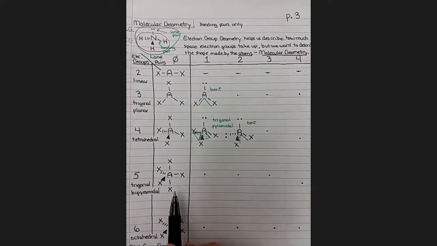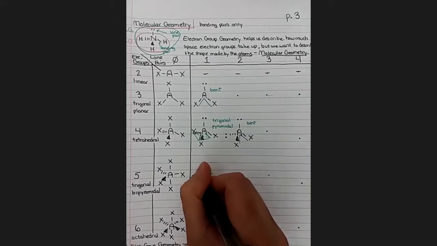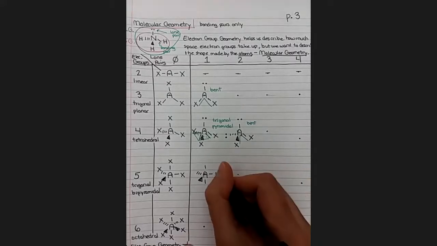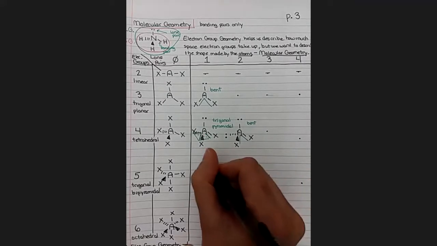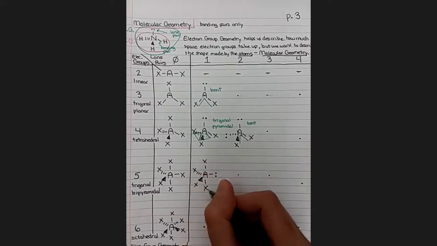All right, moving on to the fun groups. And when we have 5 electron groups in the trigonal pyramidal row, we're going to start by replacing the first group with a lone pair. And for these bottom 2 rows, it does matter which one you pick first. We'll talk about that more in the next video, but we are going to pick one of the equatorial positions to be the first position with a lone pair.